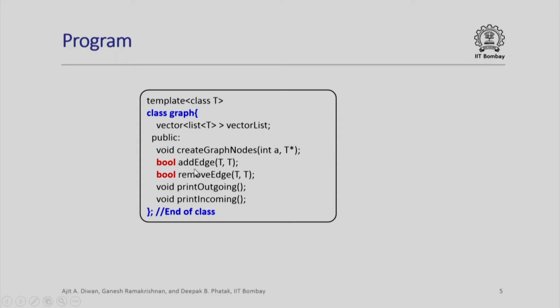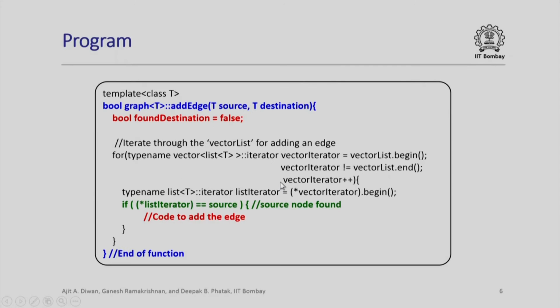And why would they not succeed? Well, it is because of the real life problem that we just mentioned. For example, if we want to try and add an edge which already exists, then add edge function will fail and it will return false if we declare it as bool. So, this is the modification that we do, and of course, the functions themselves will have to be rewritten appropriately.